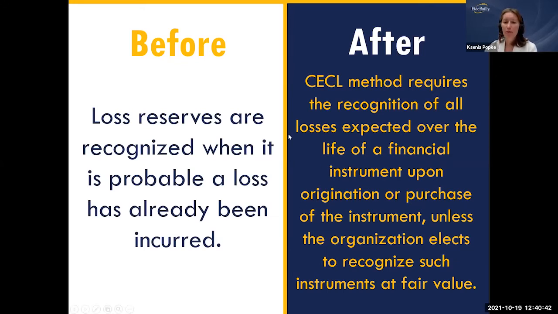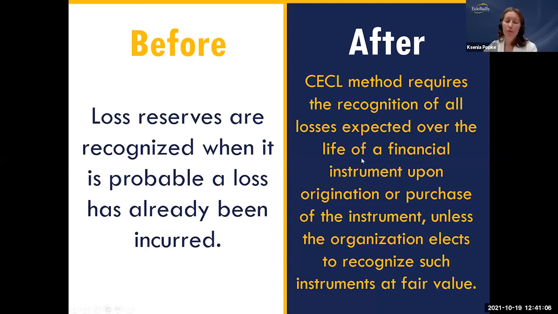But with this new standard, the method requires the recognition of all losses expected over the life of the instrument upon the origination or purchase of that instrument, unless the organization elects to record it at fair value. Again, if you elect to record certain financial assets at fair value, you're obviously updating that fair value at year end.